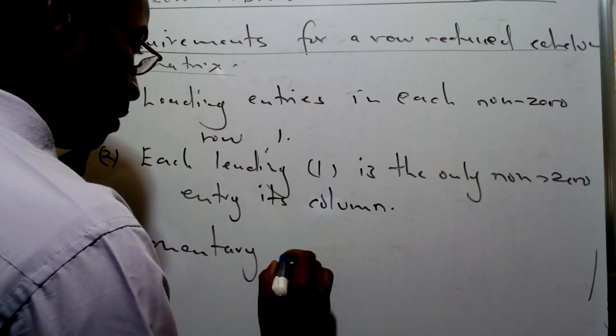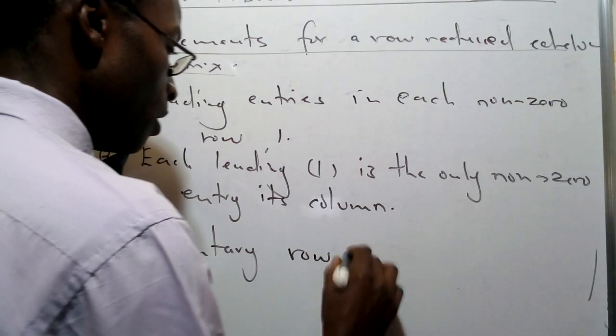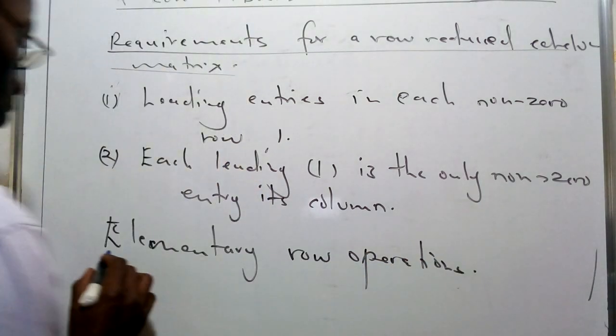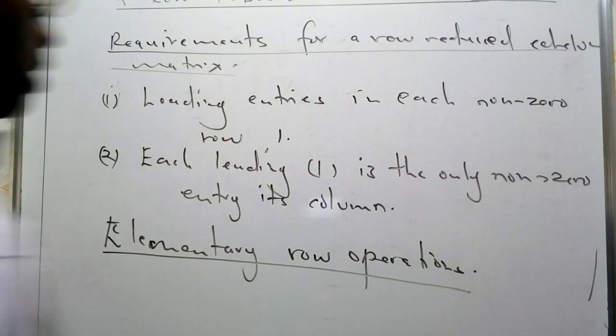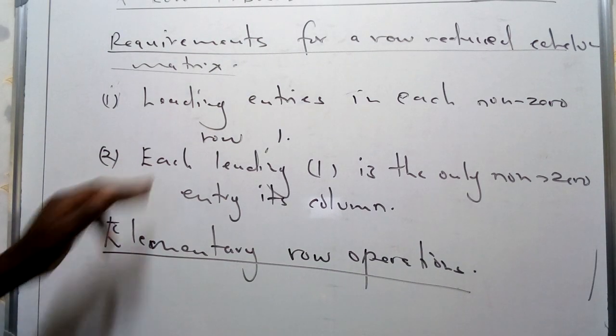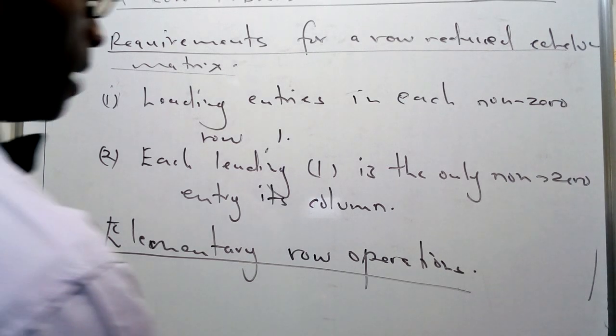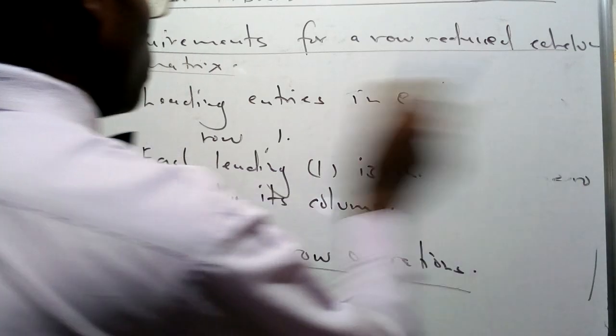These are some of the operations we are going to use to ensure that we comply with the first two aspects of a row-reduced echelon form. This is going to be a set of perhaps 3 laws.